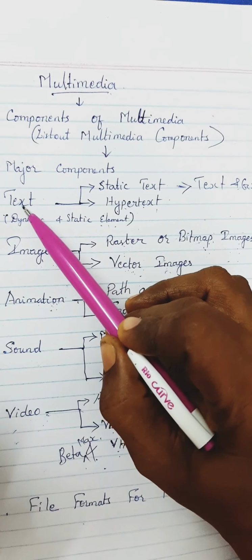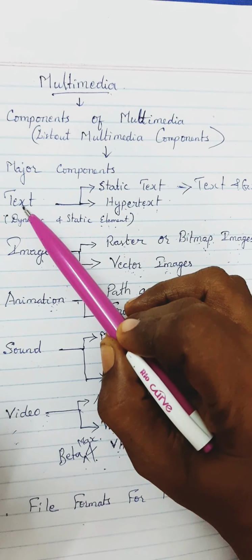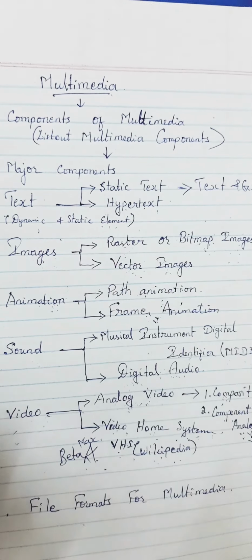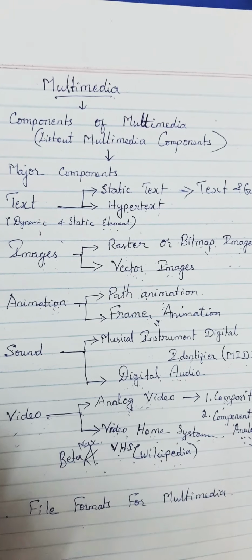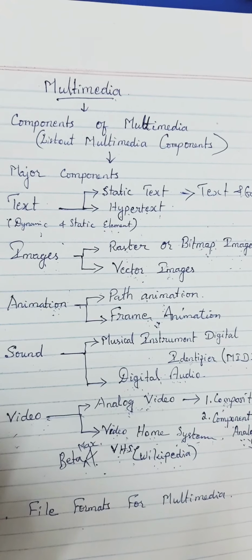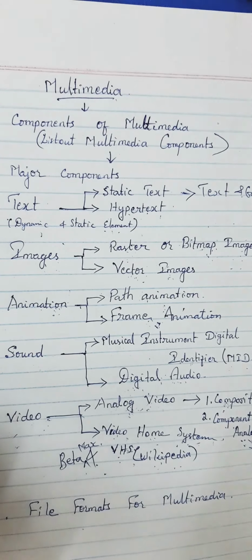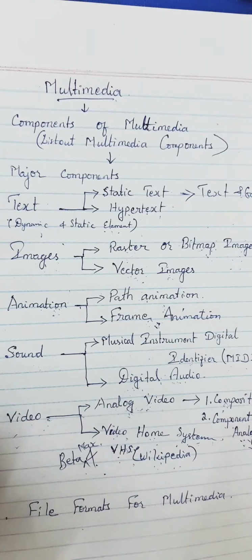What do you mean by text? Text is only for the heading we are going to use. Text is for the heading, line by line, or a word or a passage, in heading style.